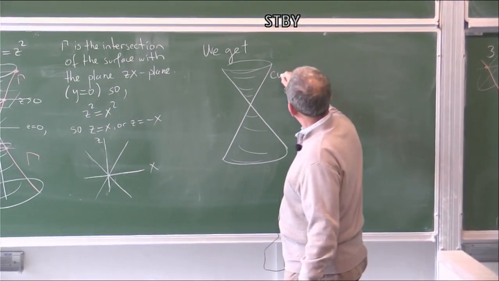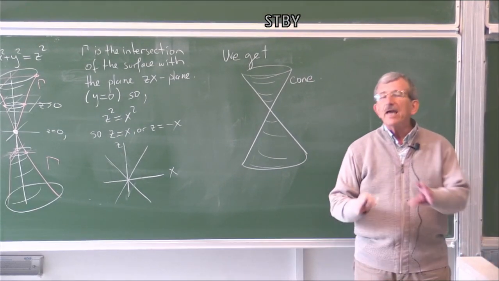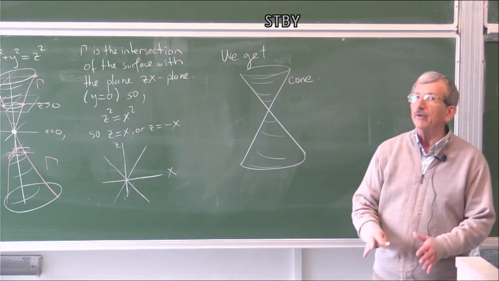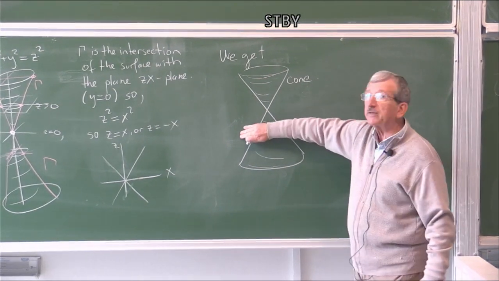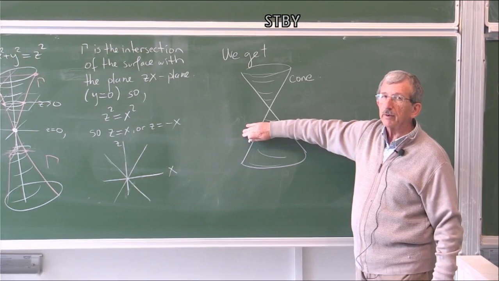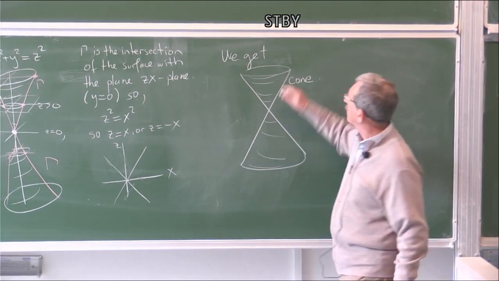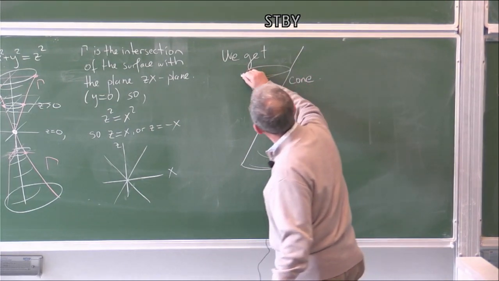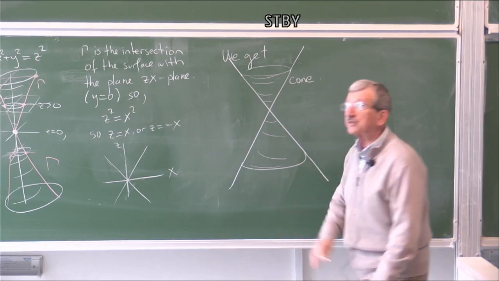It's called a cone. But note that this cone is again unlike the elementary geometric cone, where we considered only one part of it, not both. We had a tip and a base. Here we don't have a base because these sides go to infinity. And we have both parts together.